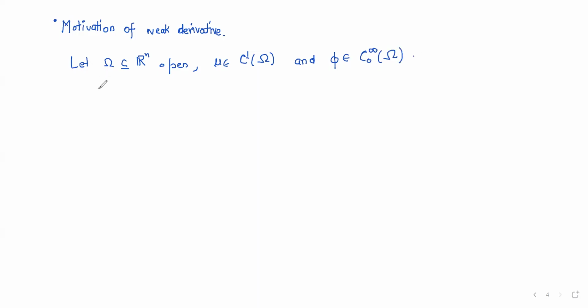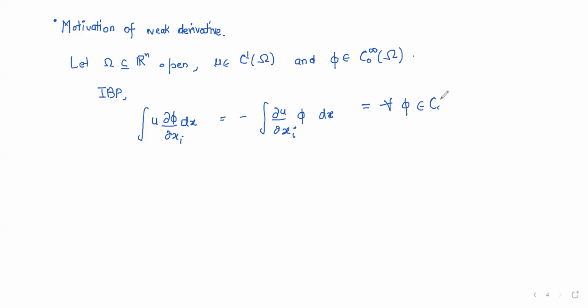Then by integration by parts, I will use the shorthand notation, we have the integral of u times d phi, equals minus the integral of du by dxi times phi dx, and this is true for all phi in C0 infinity.